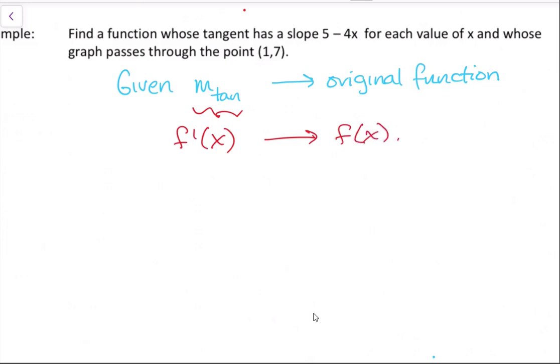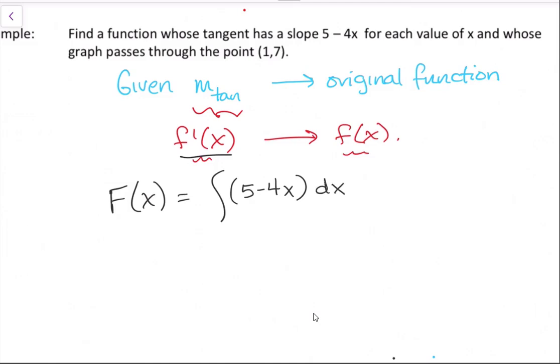To go from a derivative to an original function, we need to integrate. So to find that original function, we want to integrate this known derivative, the slope 5 minus 4x, with respect to x.